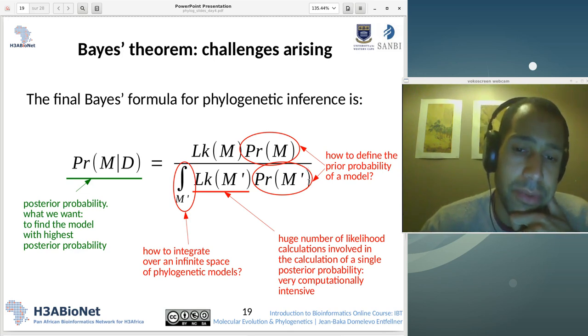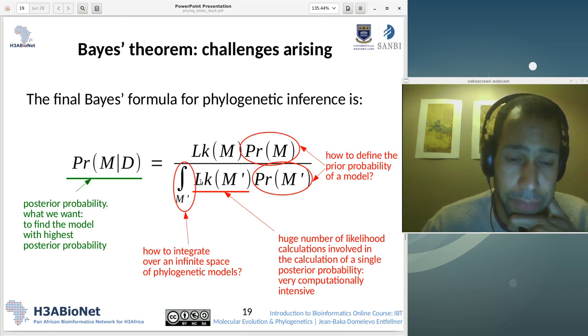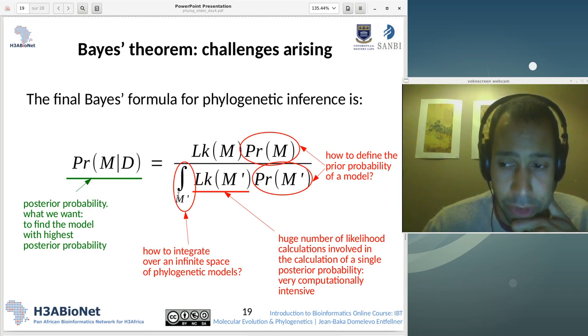Second problem, how to define the prior probability of a model. Second problem is that we have lots of L_K of M prime to calculate, okay? We have a potentially infinite space of phylogenetic models.